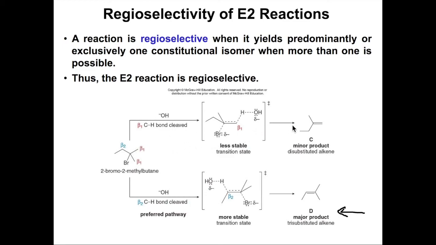So you can practice, you here have the transition state for each one, so you can see how the bonds are forming. So these two are forming, these two are breaking. So this is another example for you to see how you can form the two products, which will be the more substituted, in this case trisubstituted, or the less substituted one, which is the minor product.